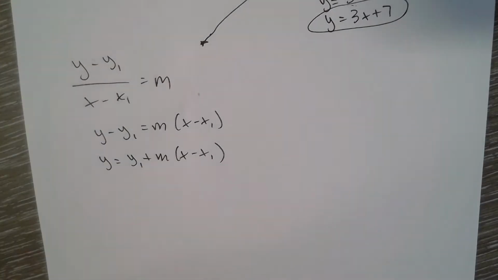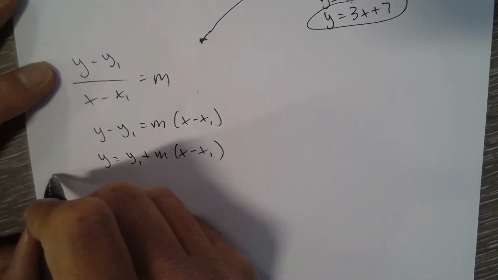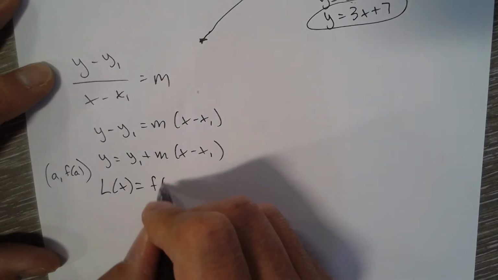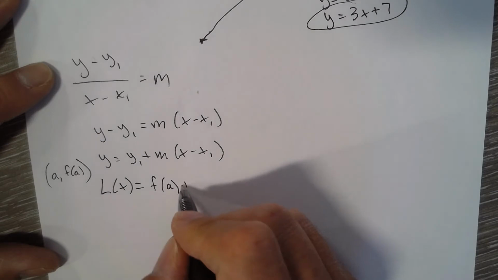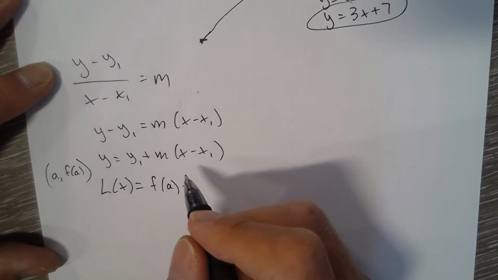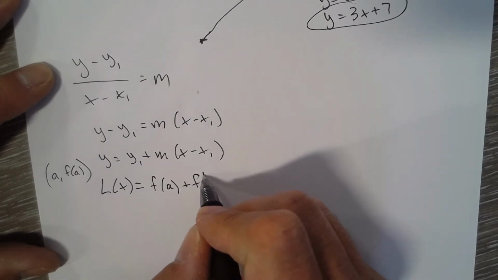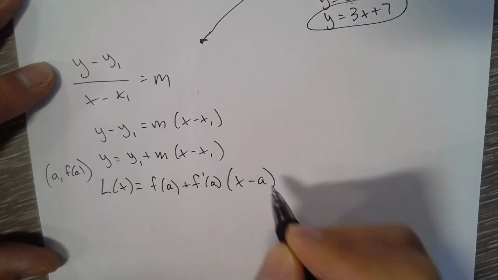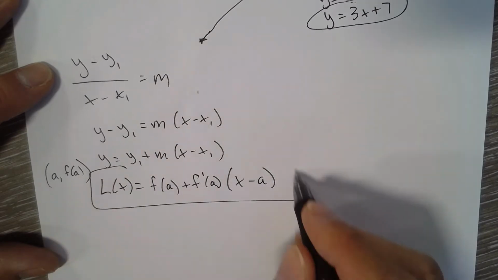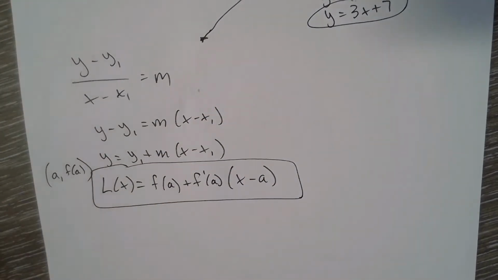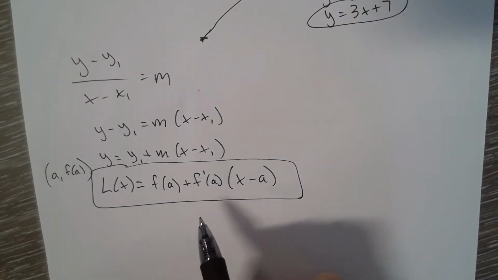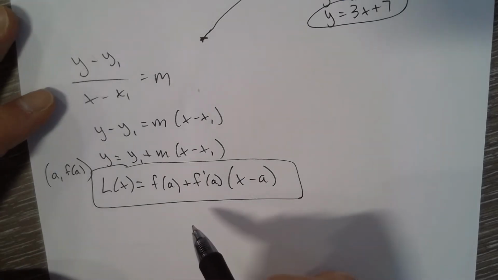If we write it in f of a form, we'll call this the linearization. That would be f of a, and the slope is f prime of a, times x minus a, and that is the linearization. So what we found is the equation of a line tangent to the curve at a point.